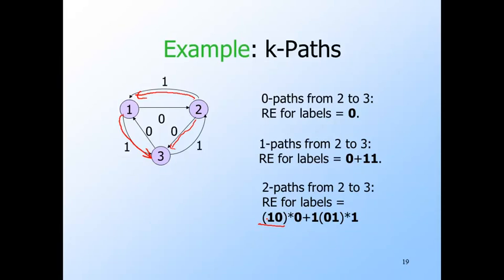After oscillating as many times as we wish and winding up in state 2, we can then follow the 0 arc to 3. That's that part of the regular expression. These paths from state 2 to state 3 are described by the regular expression (1 0)* 0. That's this whole part.